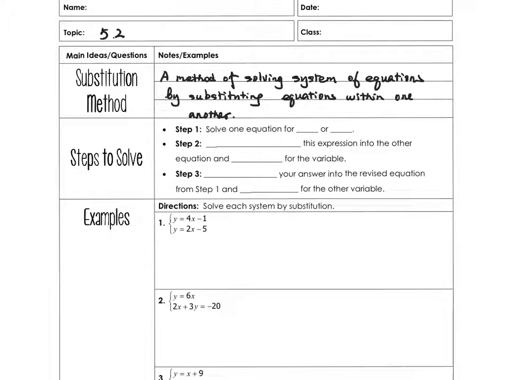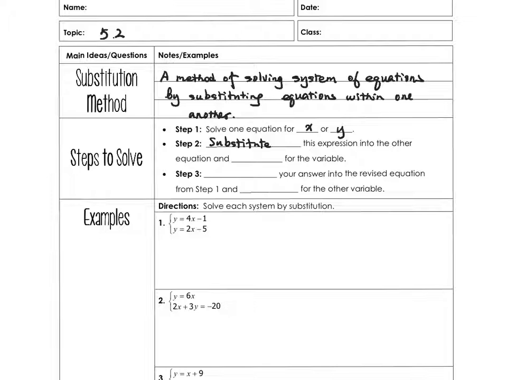So the first step is to solve one equation for x or for y. You get to pick. Doesn't matter which one. Pick an easy one. Then you find out what x equals to, and then you substitute this expression into the other.